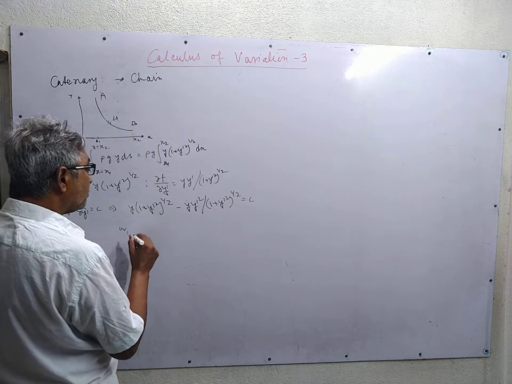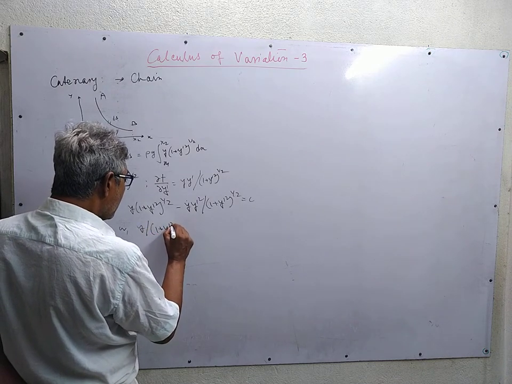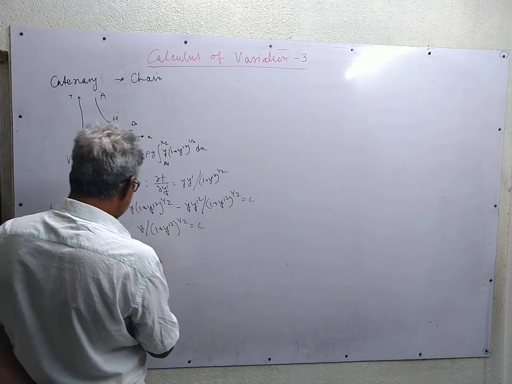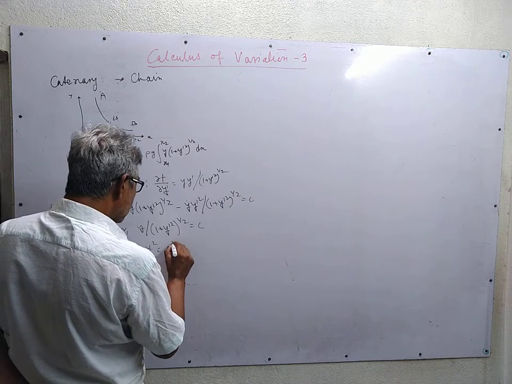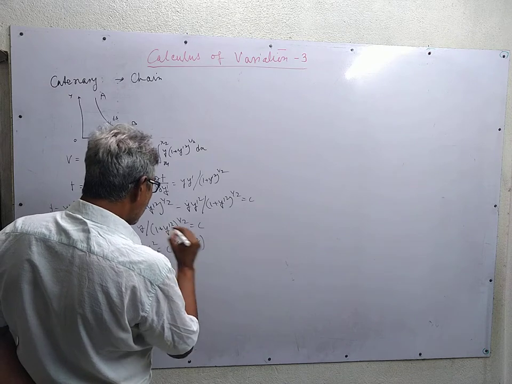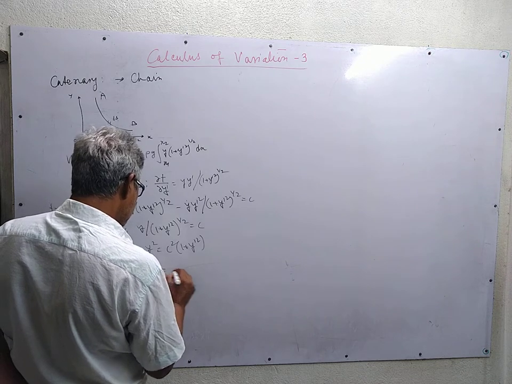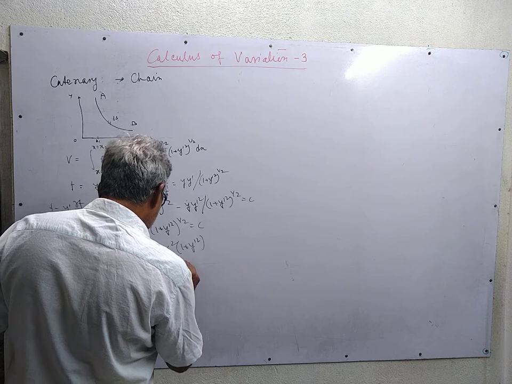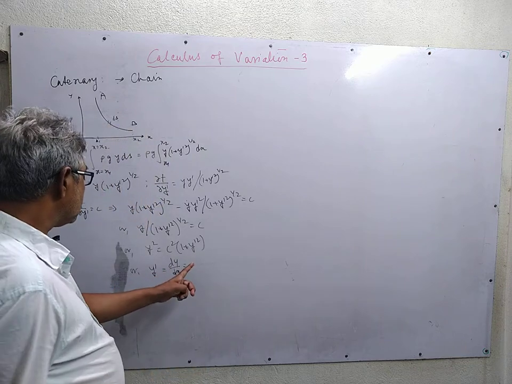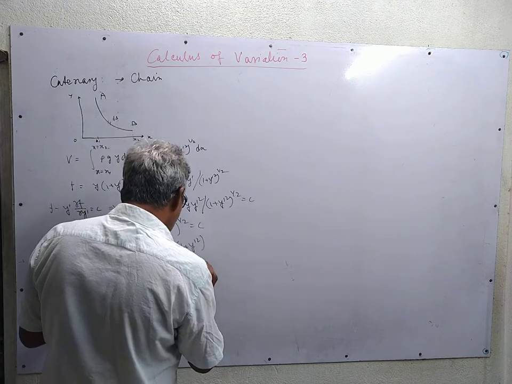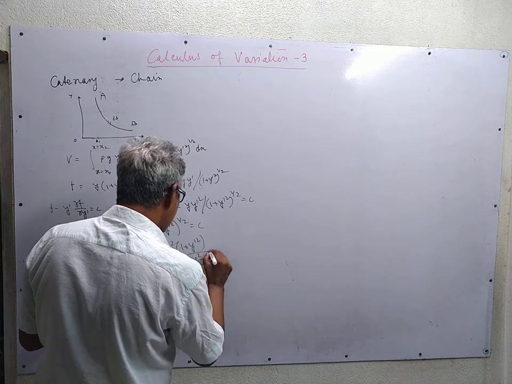On simplification we get y square equal to c square times 1 plus y prime square, or y prime, which is dy dx, equals square root of y square minus c square by c.